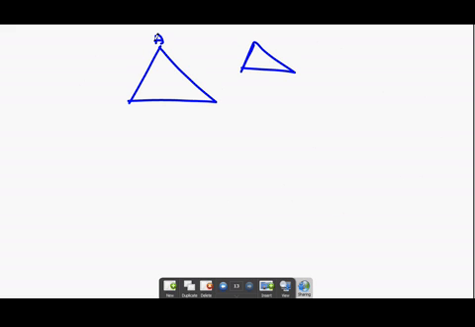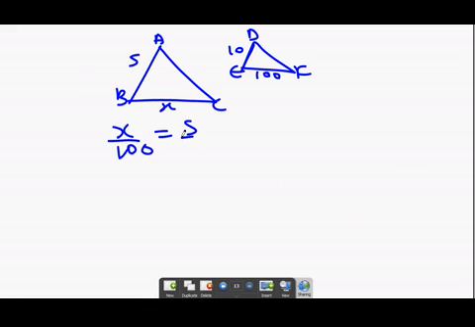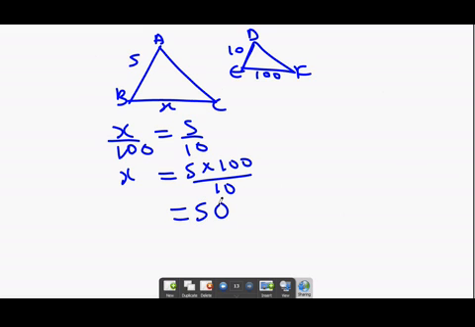So if triangles ABC are similar to DEF, and this is 5, this is 10, this is X, this is 100, to find X I would say X over 100 is equal to 5 over 10, which means that X is equal to 5 times 100 over 10, which is equal to 50. That's how we use similarity.